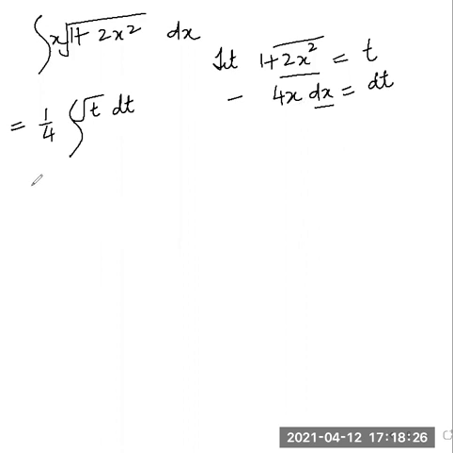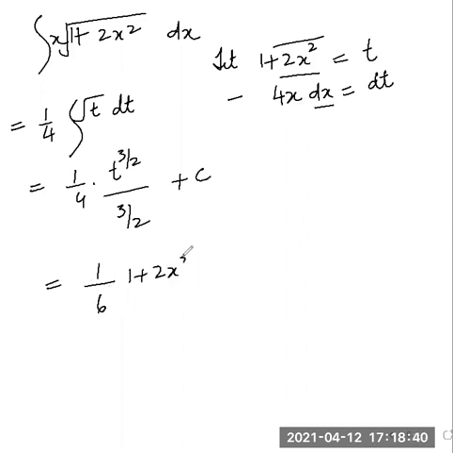Then I go further. So it's simple: 1 by 4 t raised to power 3 by 2 by 3 by 2, plus c. That's all. So this is equal to 1 by 6, 1 plus 2x square whole raised to power 3 by 2, plus c. Am I right, Gurjot? Yes sir. Beautiful. That's great.